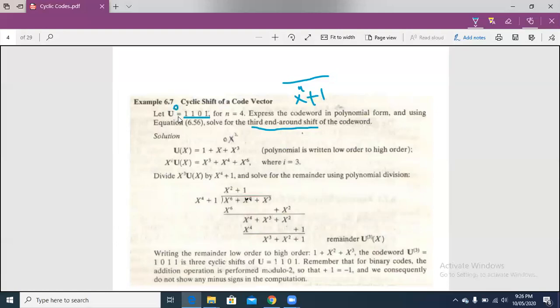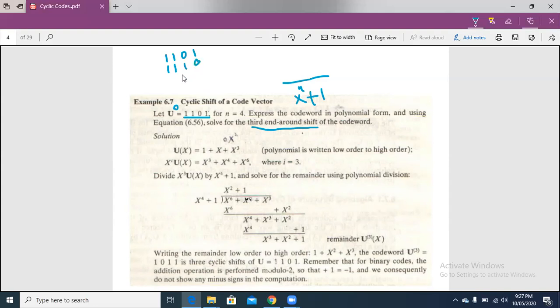So how many shifts can we generate? We can generate first, second, third, and after the fourth shift, we get 1101 again. So 1, 1, 0, 1 is the code word, and for the next shifted version, this one is shifted here, and we get 1, 1, 1, 0.